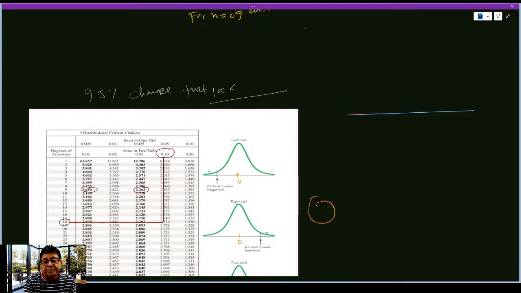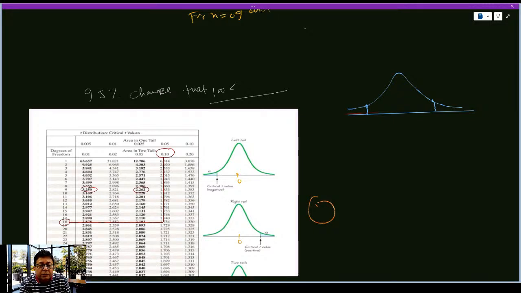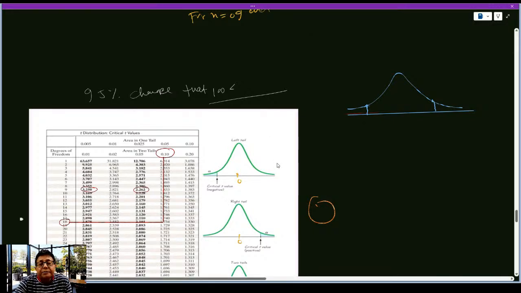Now draw the normal distribution curve. So you have to take minus 2.262 and 2.262 both.